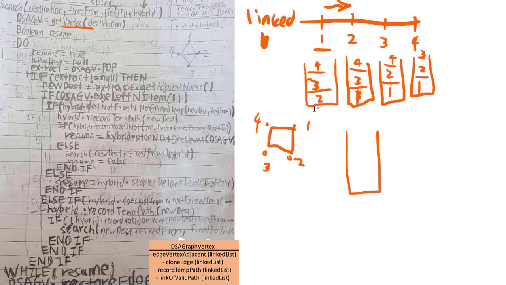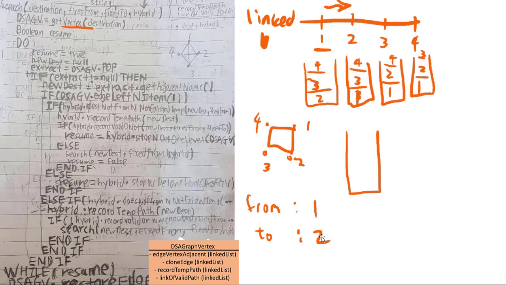So for example, if you want to look at direction from 1, initially our from is 1, and then our to is 2, okay, 1 and 2.